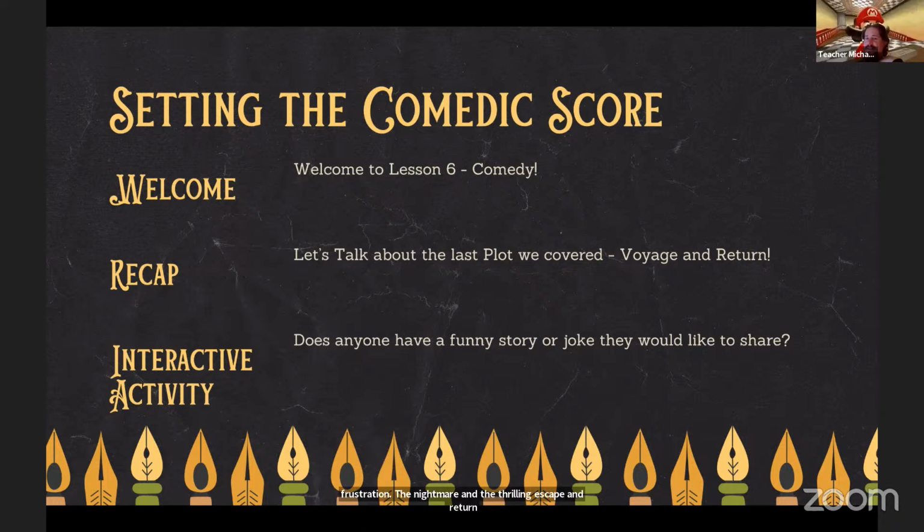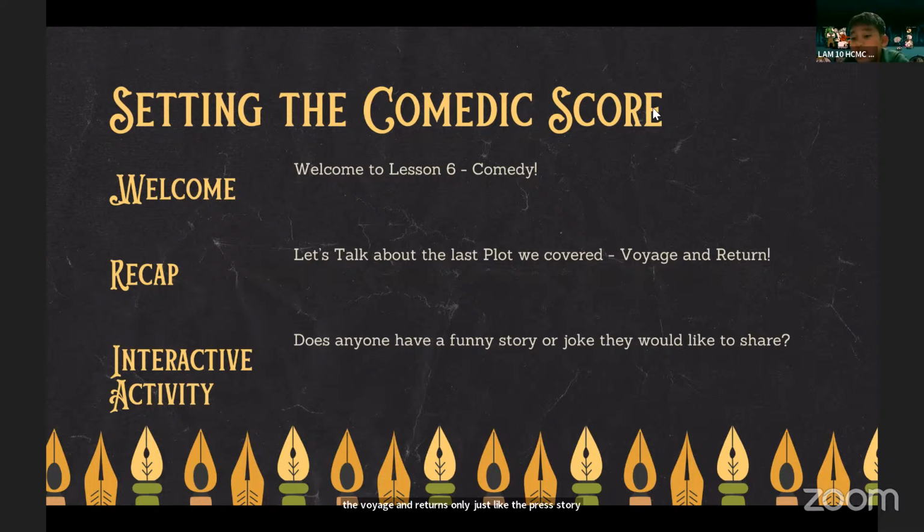Very good. And the voyage and return story is just like the quest story, but it returns at the end. That's right. A voyage and return story is very similar to a quest. The main difference is the quest story is about the journey to get to where you're going, and a voyage and return is more about what happens once you get there.